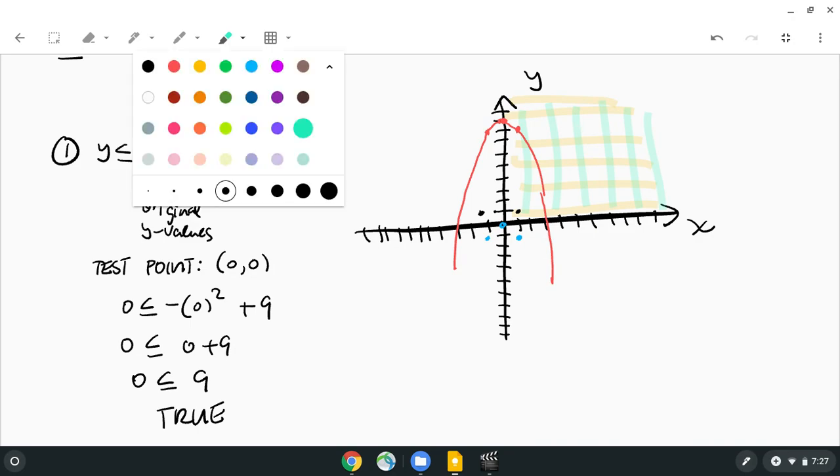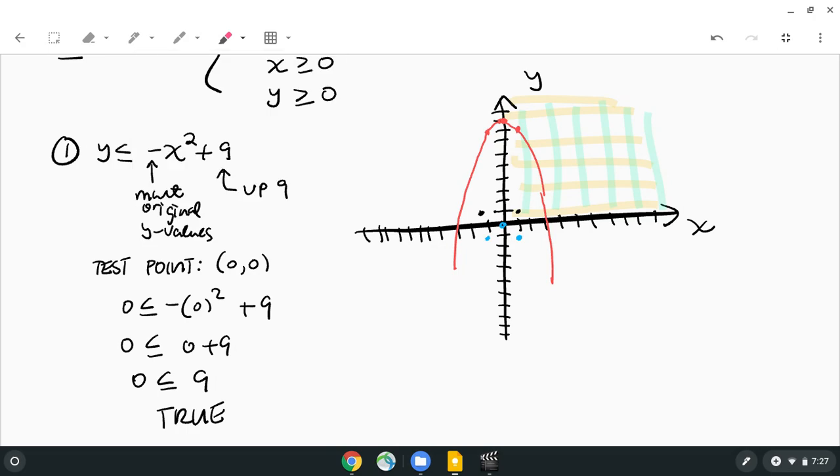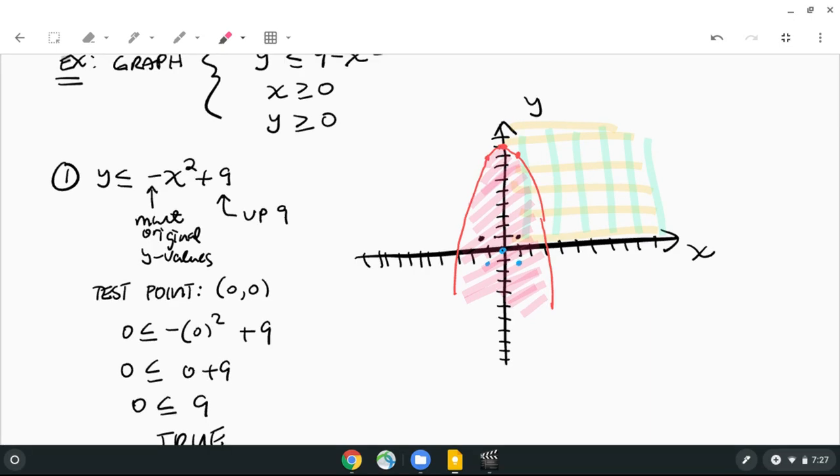I already have green, I have yellow, I'll take this magenta. So this is what I have, right? Hopefully you can see that where the three inequalities overlap is right there in quadrant 1.